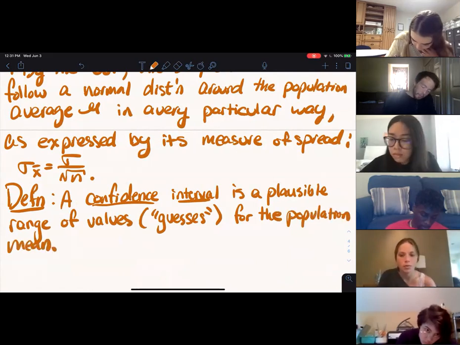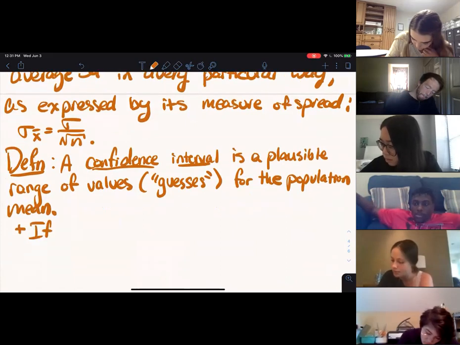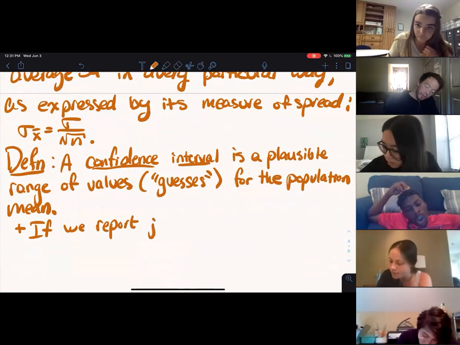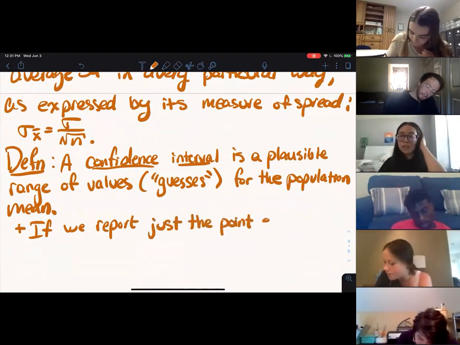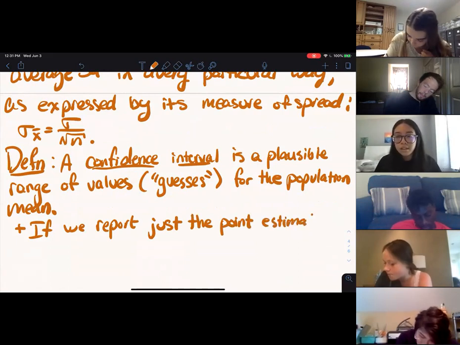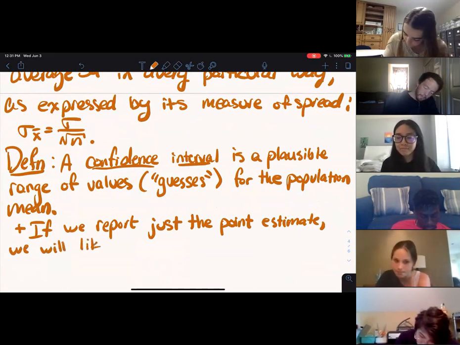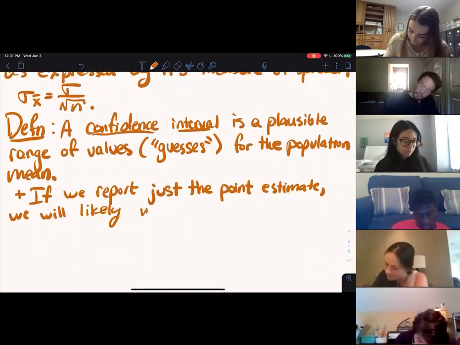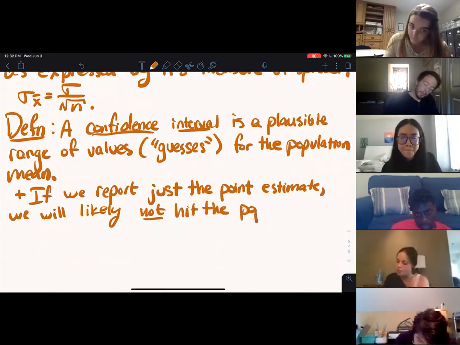So note that if we report just the point estimate, we will likely not hit the population parameter.